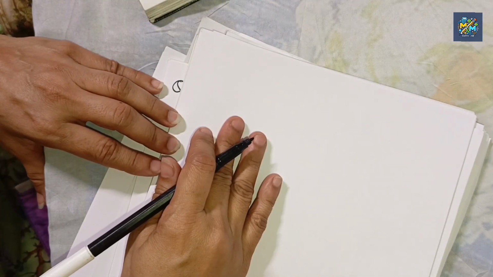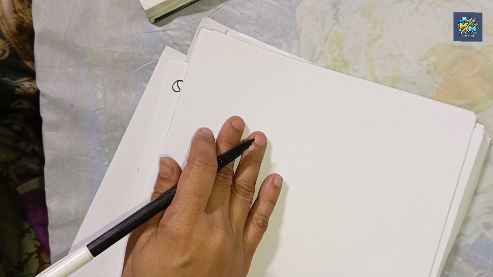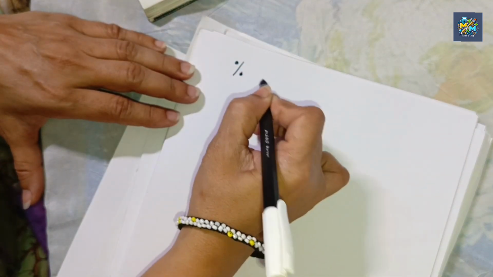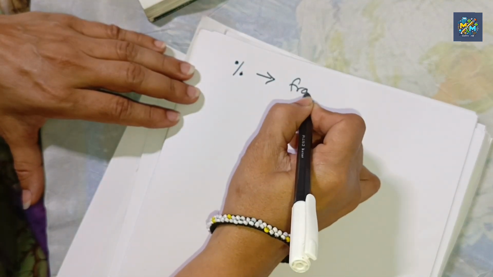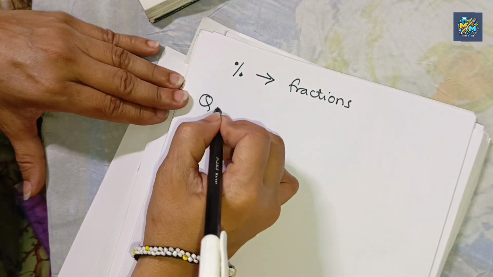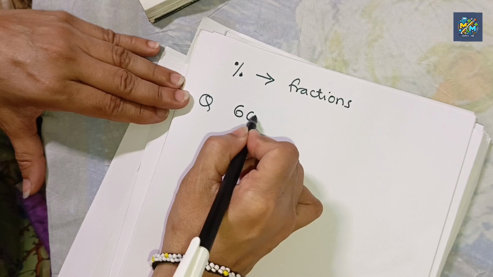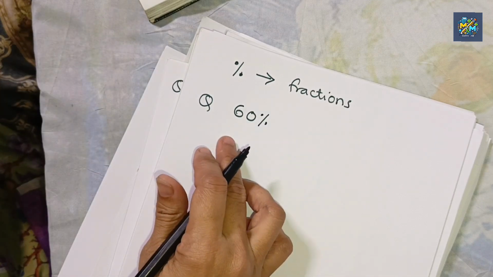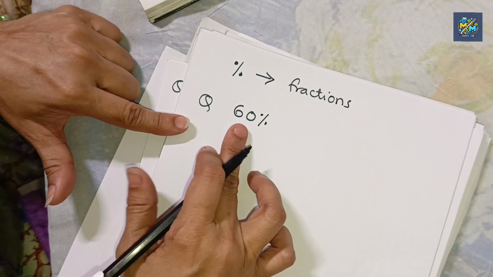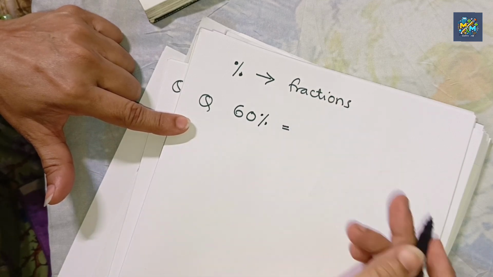So now here there is one more question. Write these percentages as fractions. So percentages have to be converted into fractions. So let's see what is the question. The first question is 60%. So I have to convert or change this 60% into a fraction.